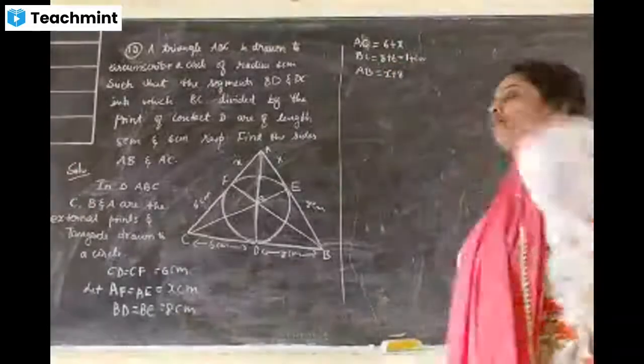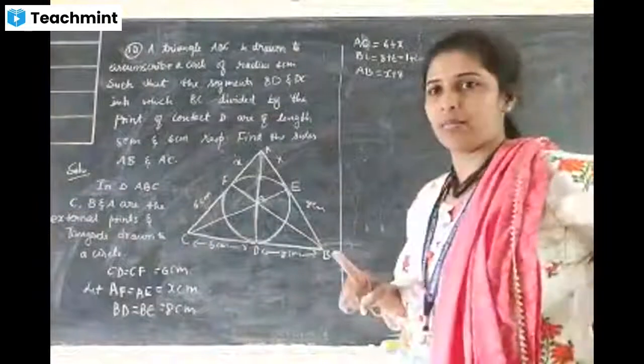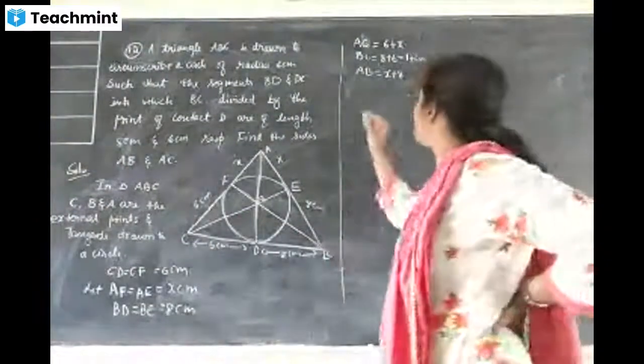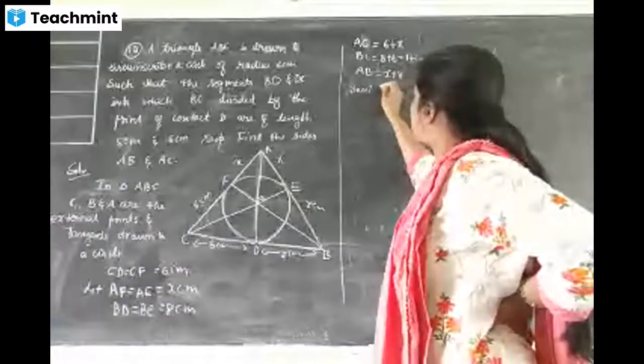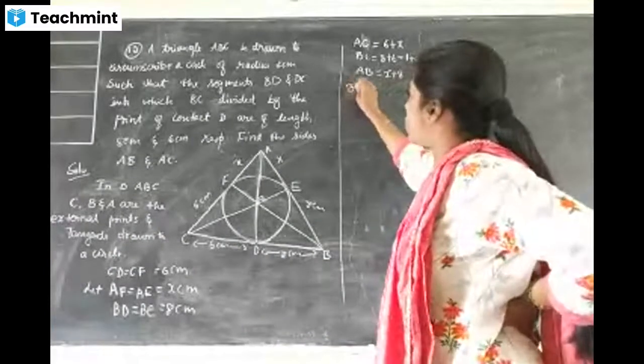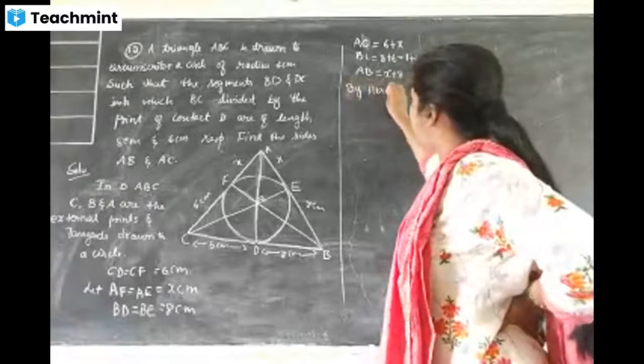Okay, now we will go for the semi-perimeter. Semi-perimeter means S. I'll write it by Heron's formula.